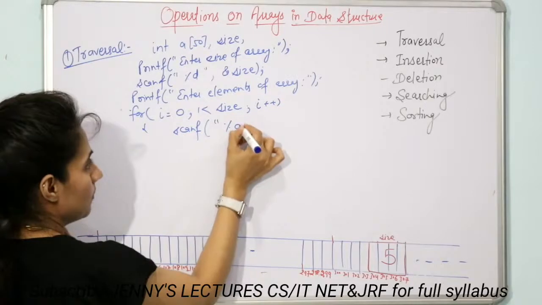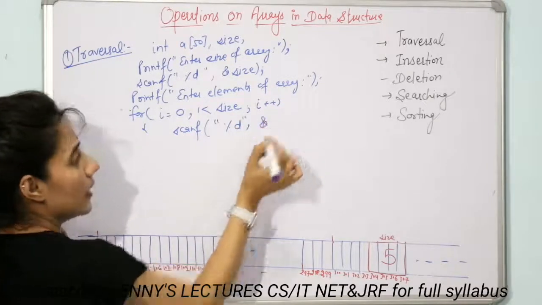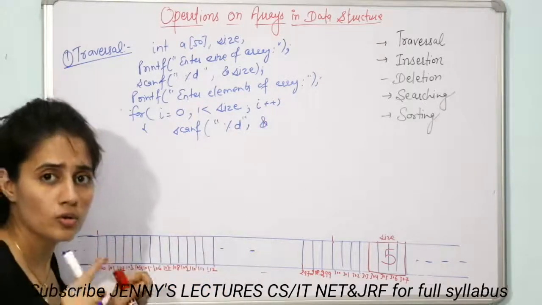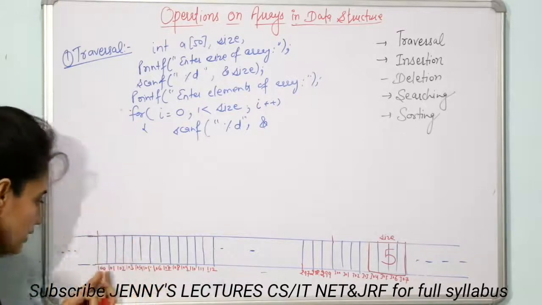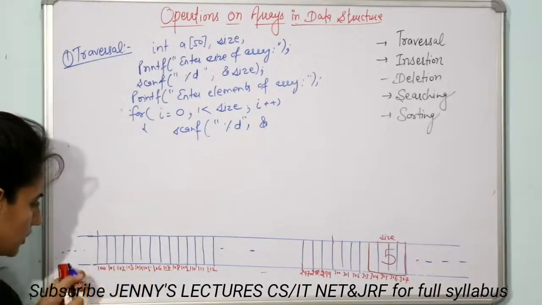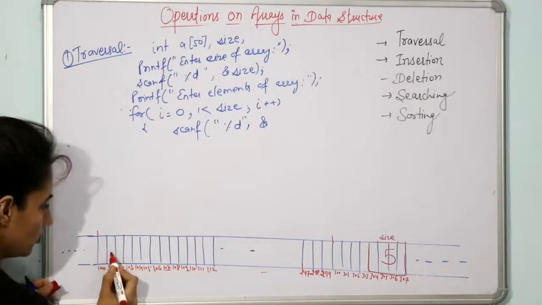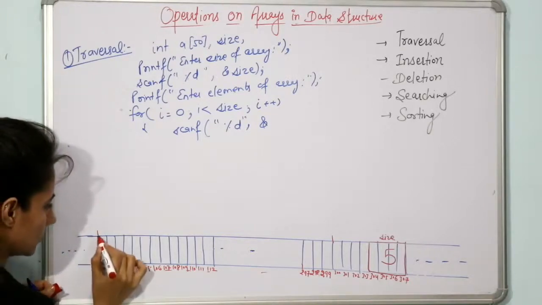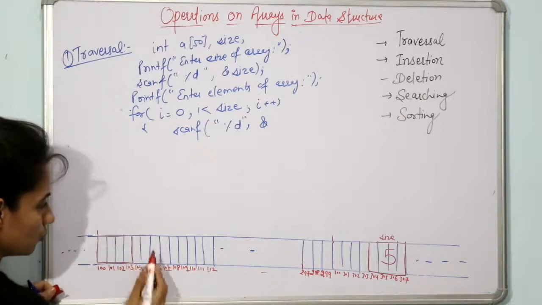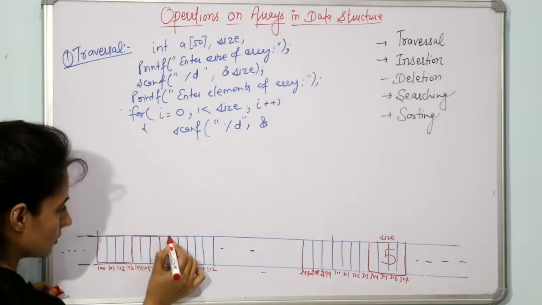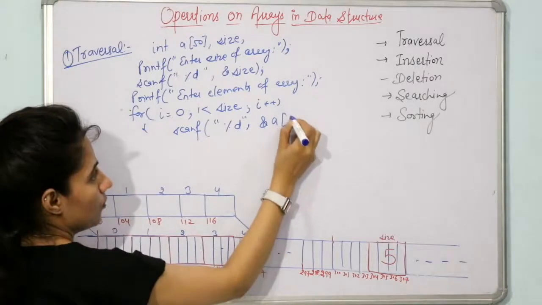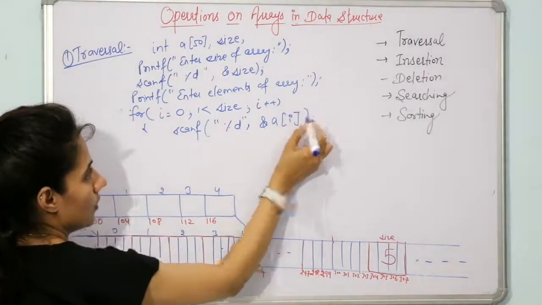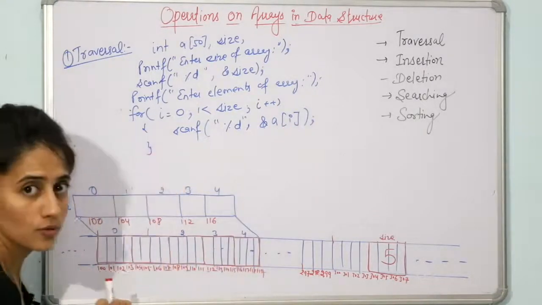Here you will write the same %d format specifier, and address of where you are going to store the values. First value would be stored at the 0th location, means at this location in these 4 bytes, 1, 2, 3, 4, these 4 bytes. Next would be stored in these 4 bytes. So now here you will write a of i. Fine.